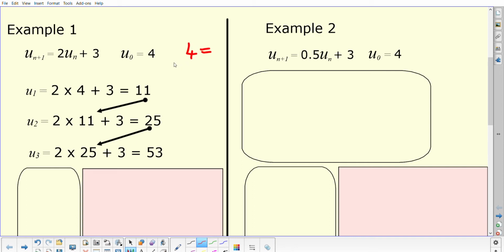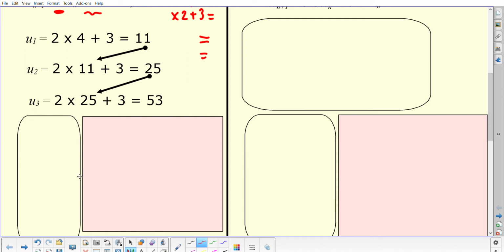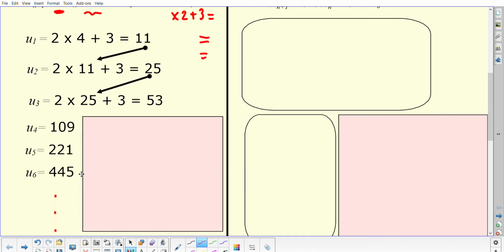You then want to be continually multiplying by 2, and then we're also adding on 3. That's the a and b terms that are continually repeating, and then thereafter you just keep pressing equals, and it generates the sequence: 11, 25, 53. If you keep going, u4 is 109, u5 221, and so on.